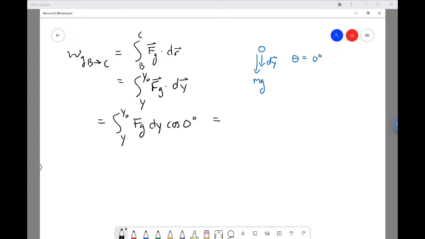So this becomes the integral from y to y naught. You're falling, so from the top to the bottom. The force of gravity is m times g dy, and the cosine of 0 is 1, so it just goes away. Again, the mg is constant, so you have the integral from y to y naught of dy.